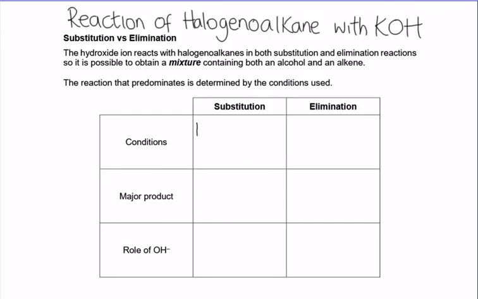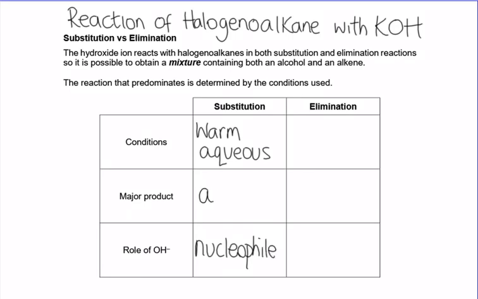So if we were to use warm and aqueous conditions, we're going to get a substitution reaction, and in that substitution reaction the OH is going to act as a nucleophile. It's going to donate a pair of electrons to a delta plus carbon, and the major product is going to be an alcohol. We're swapping the halogen for the hydroxy group.